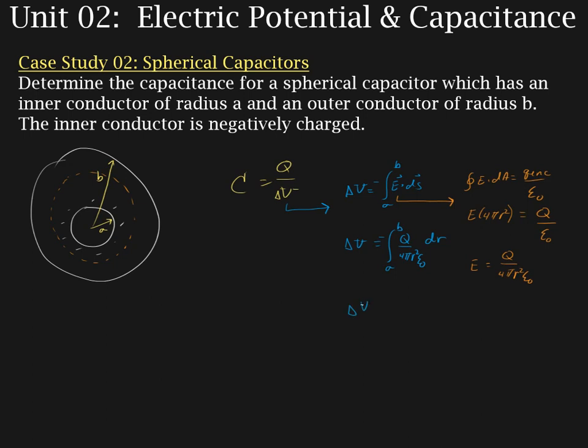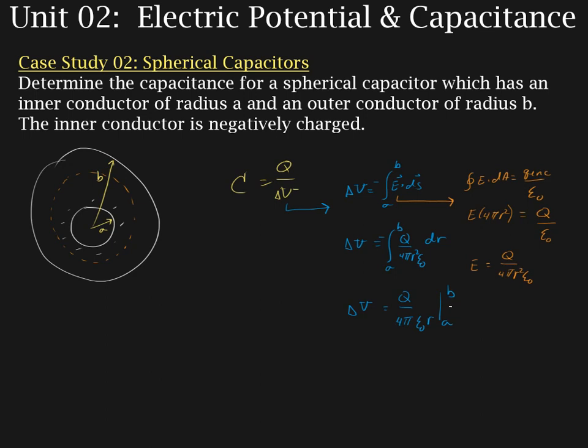And so when you do the integral, you're going to get this negative, and when you integrate 1 over r squared, you're going to get another negative. So those negatives are going to cancel out, and you're going to have Q over 4 pi epsilon naught r evaluated from A to B.